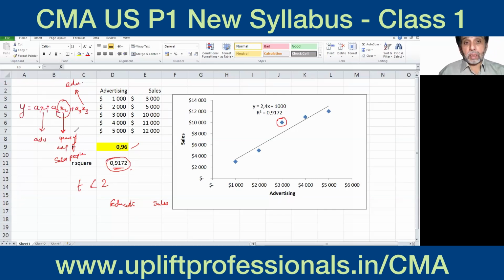Should we include education when its T value is like 0.01 or 0.1, and R squared is like 0.06? They will ask whether you should include this in the multiple regression. The answer is obviously no, because it fails the test to be included. Got the concept, guys?